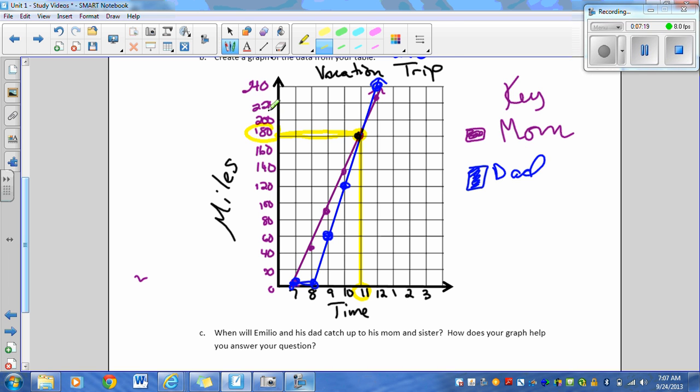Because the point is 11, 180. And if you interpret that, that means 11 a.m. So we're literally talking about time and 180 miles. Okay. So that is how to figure out a double line graph.